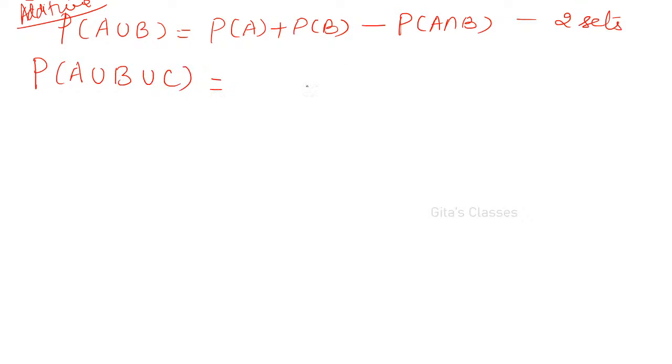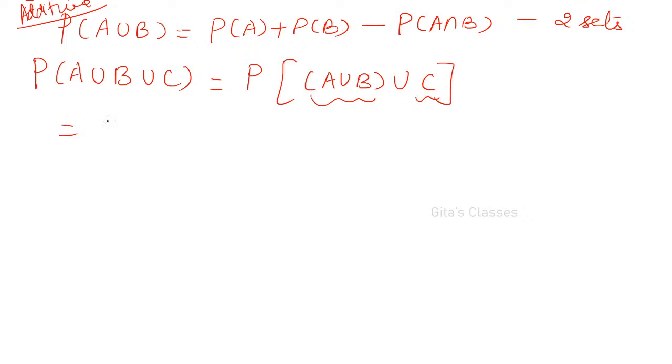P of A union B union C. What we are going to do is split it into two so that we can apply the theorem for two sets. So let us take A union B as one set and C as one set. Let us treat A union B as one.